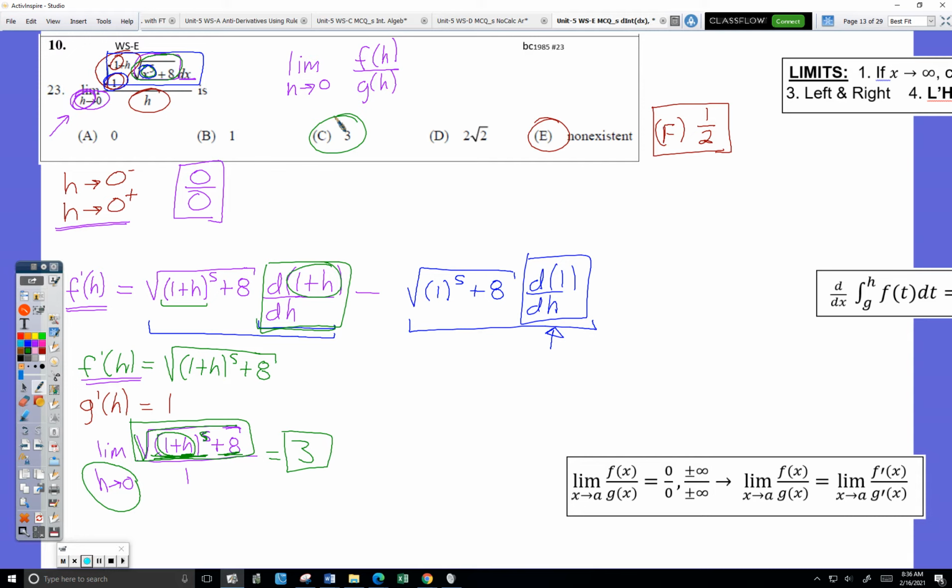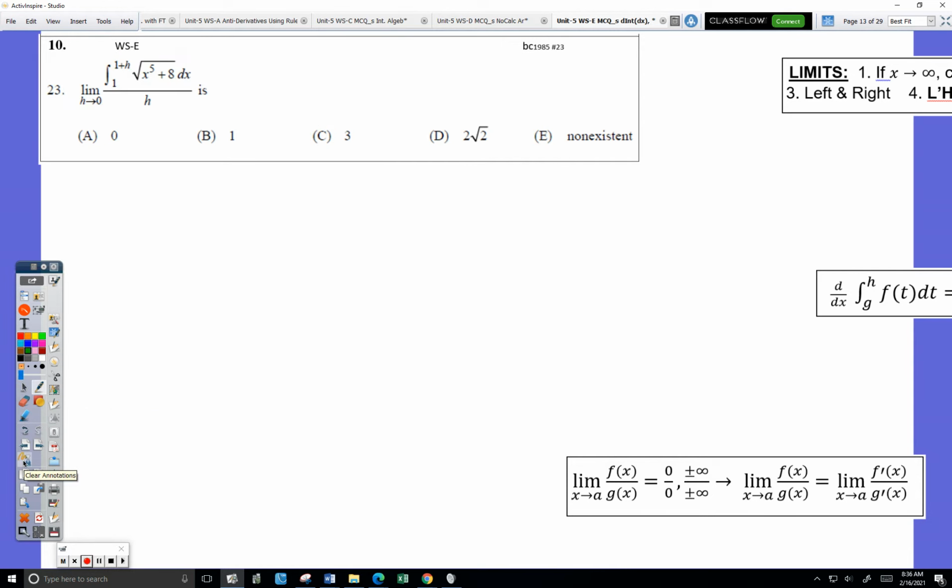Okay, Jonathan's question. We're trying to find the limit, so we ended up finding the derivative of this integral, correct? Using the rule. It is mathematically possible to find the antiderivative of this first, plug into that antiderivative these two limits, subtract, like we've done previously, and then find the derivative so we can use L'Hopital's rule.